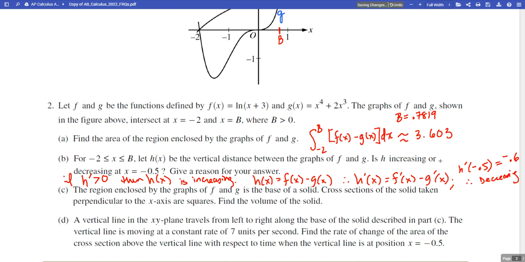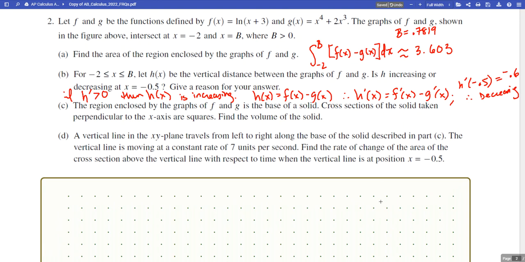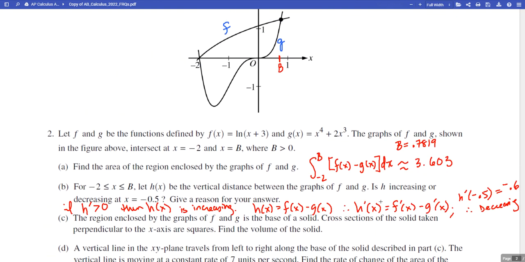Okay. Then the region is the base of a solid, and cross sections perpendicular to the x-axis are squares. So I've got these squares coming up from my shape, and I want to find the volume of the solid.